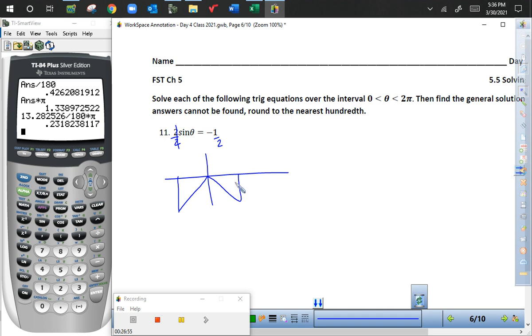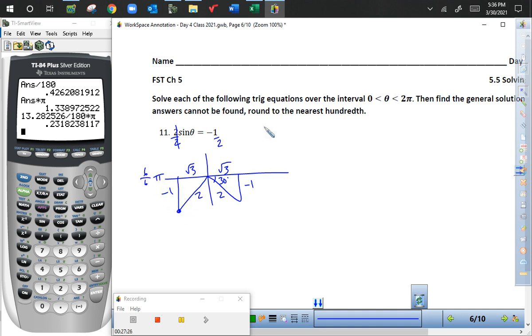Sine is negative in quadrant 3 and quadrant 4, because the negative means going down here. This is a 1, 2, square root of 3 triangle. All we really need is the angle across from the 1 is 30 degrees. So we want to think about this in radians. 30 degrees is pi over 6 in radians, so I'm going to call this 6/6 instead of 1 pi.